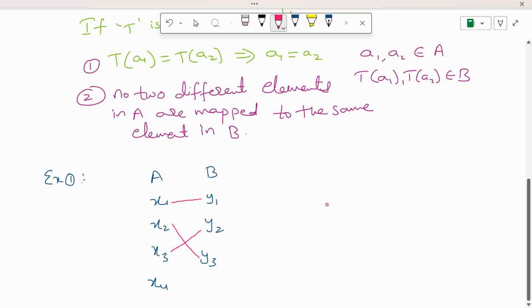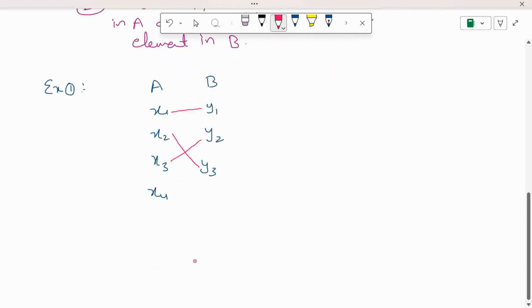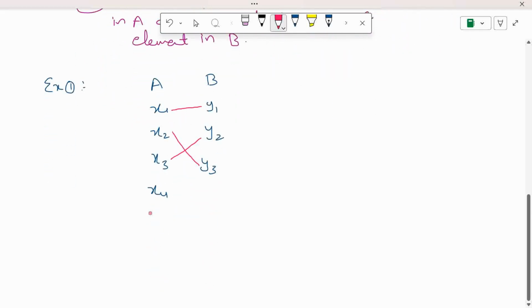So how we can see that? Okay, let me put another element x5. Now let's determine whether it is injective or not.